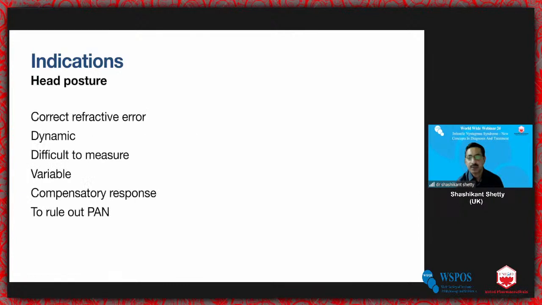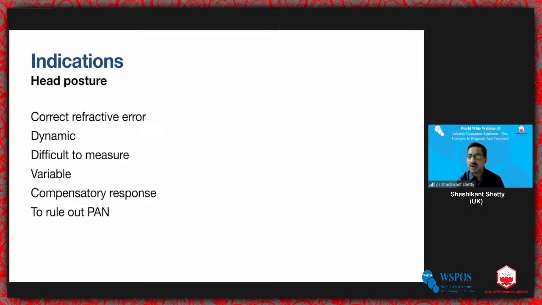In head posture, whenever we evaluate a head posture, we should always try to correct the refractive error. Most of the patients have with-the-rule astigmatism; the refractive error studies found that most of the patients have with-the-rule astigmatism. And once the refractive error is corrected, sometimes the head posture is corrected. Head posture is dynamic because it can keep on changing, so it is not a very reliable measure for evaluating a patient with nystagmus.